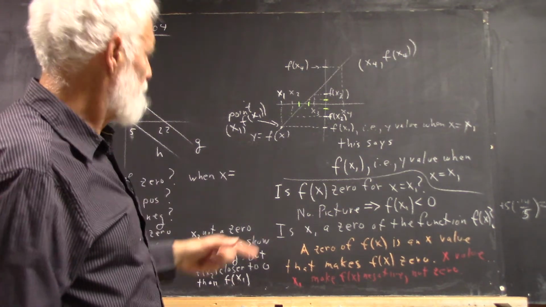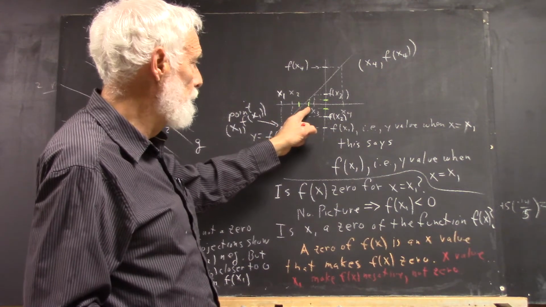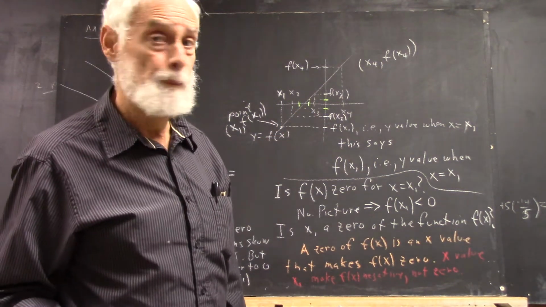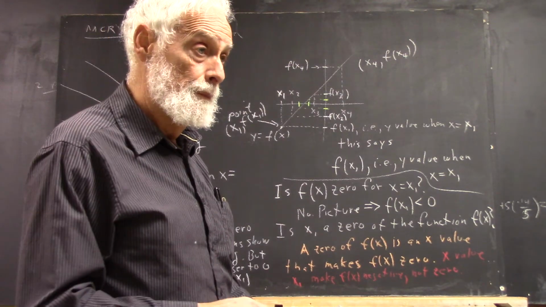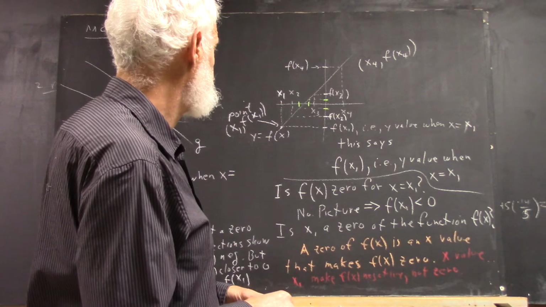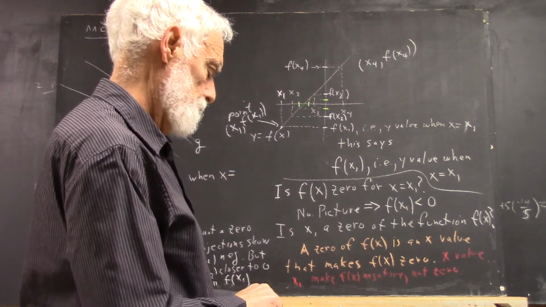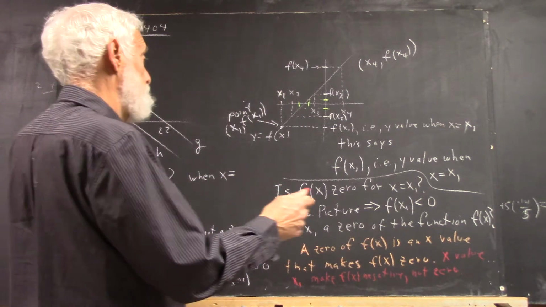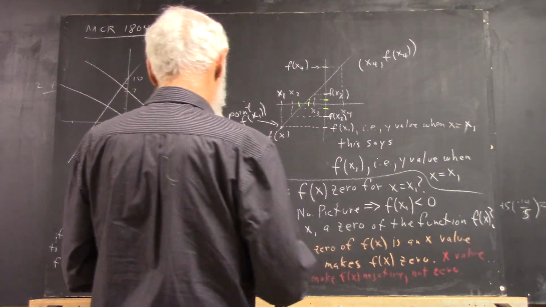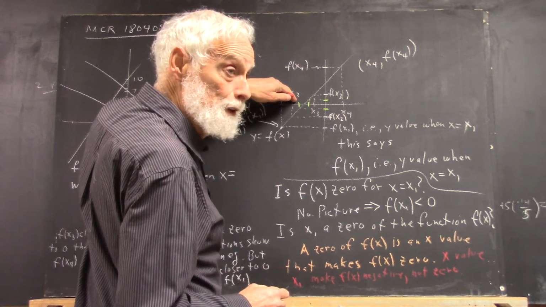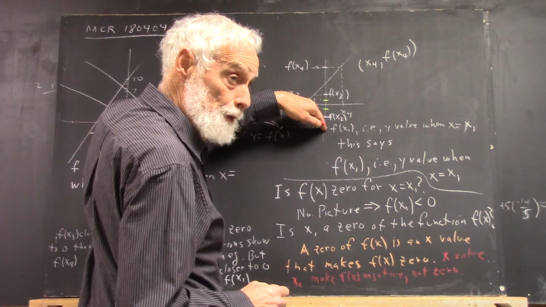So, is there some point in between here where you'd get 0? Well, not 0, but negative, but closer to 0 than the other negatives, right?